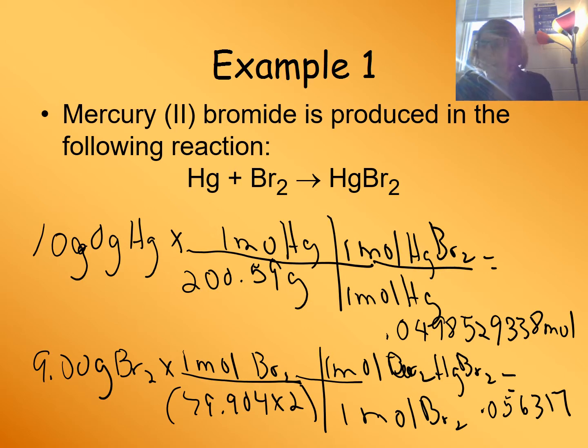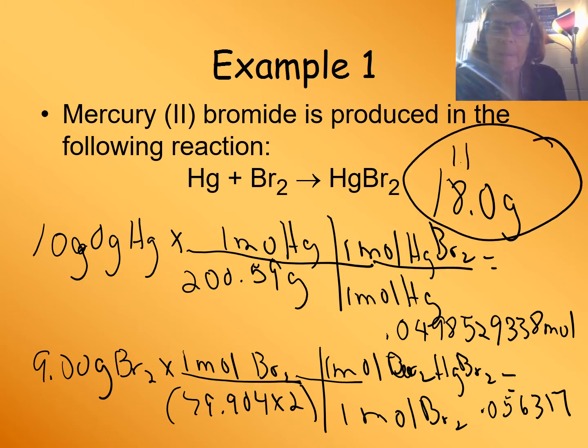And we're going to multiply that by the molar mass. So we get 17.9666. So we'll round it so it's 18.0 grams of HgBr2.